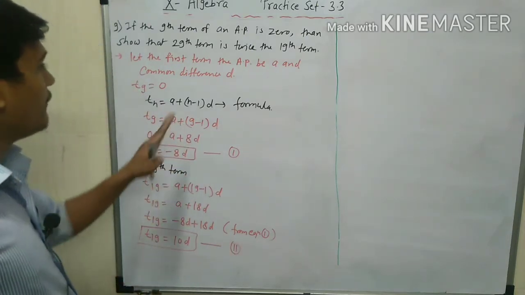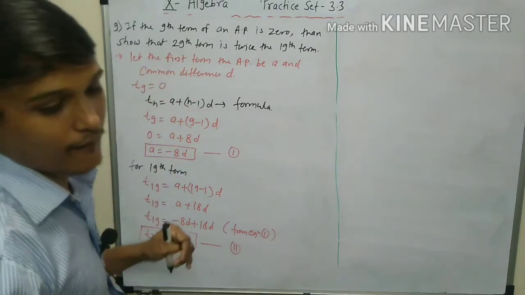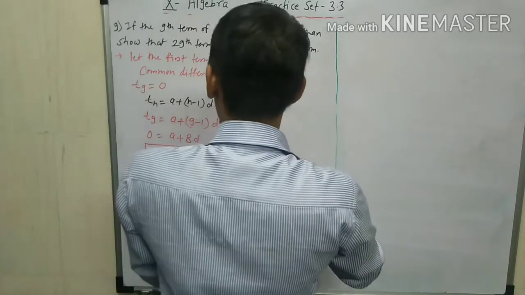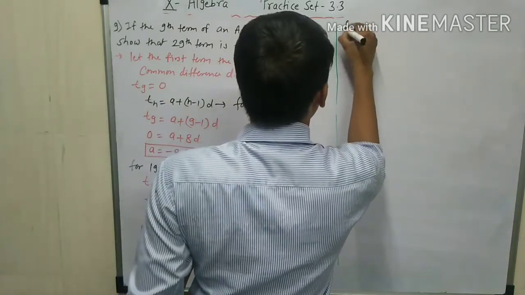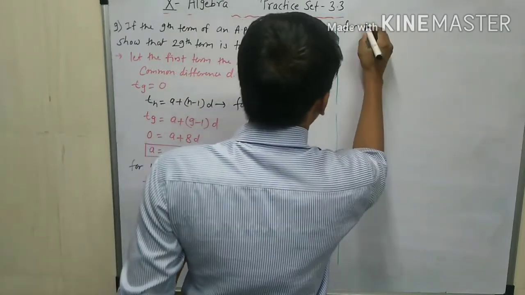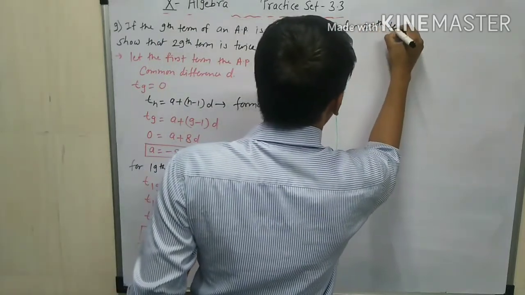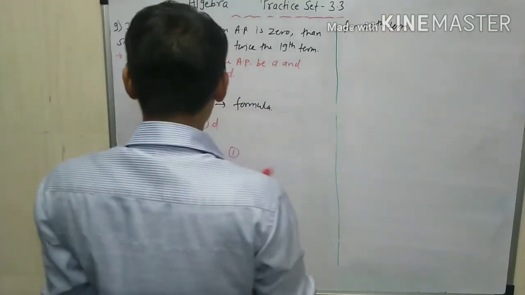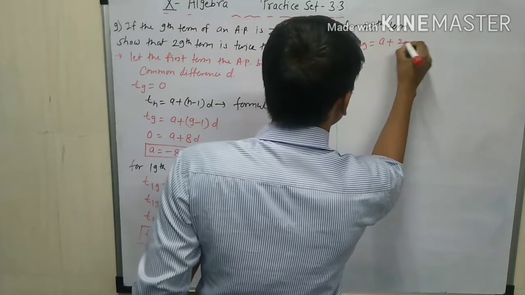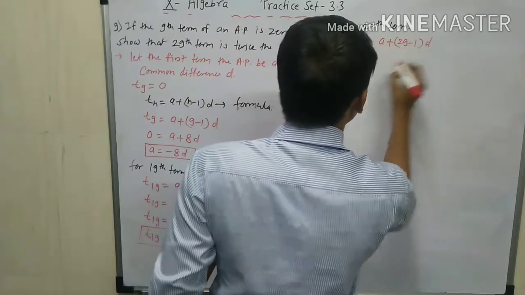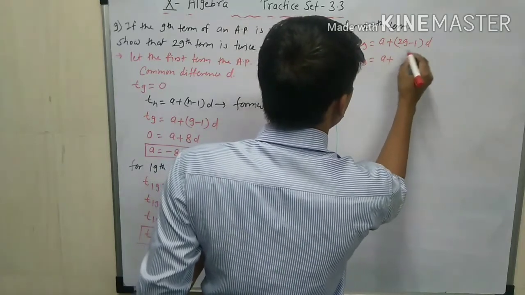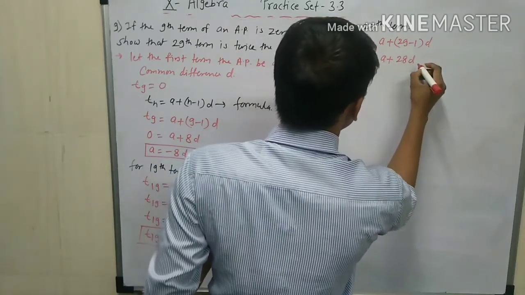Okay. Now we find out T29. For the 29th term, the same formula we can use. T29 = a + (29 - 1)d. Now T29 = a + 28d.